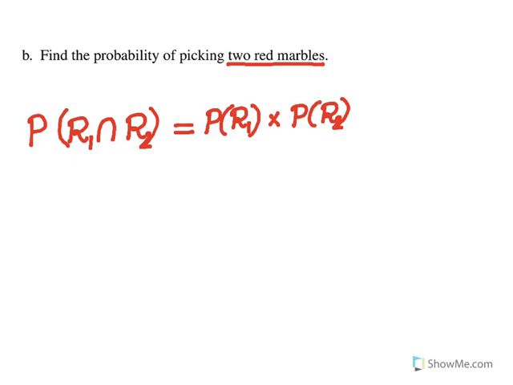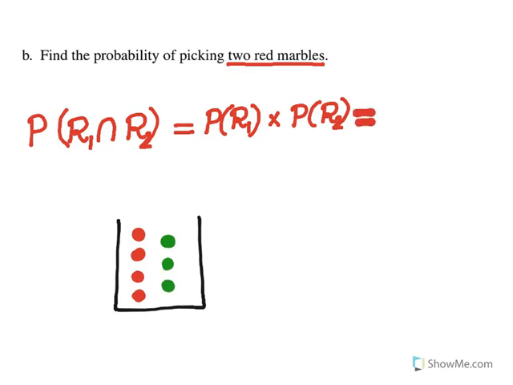Now, since the box, if you remember, contained 4 red and 3 green, you can say that the probability of first getting a red is 4 out of 7 times.